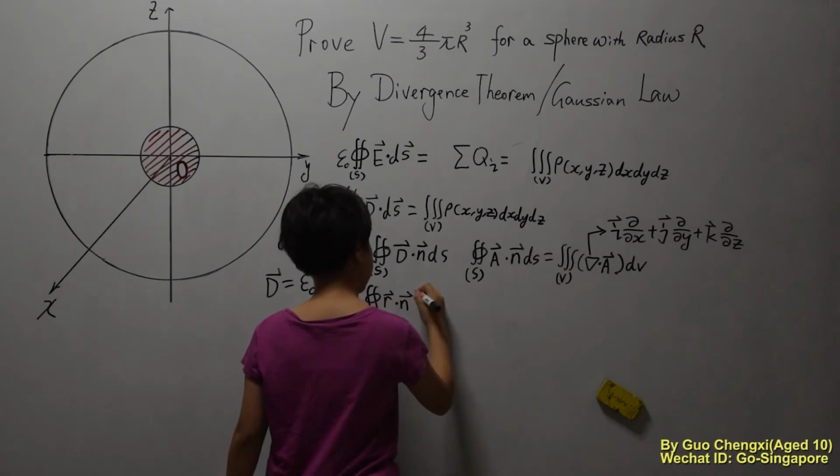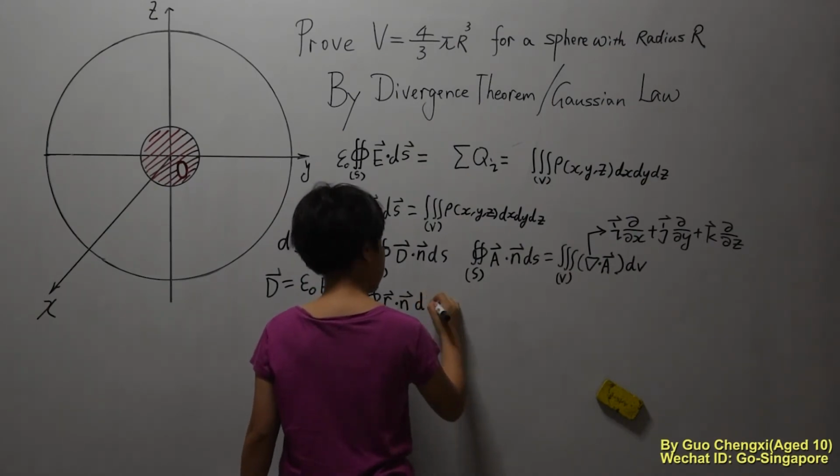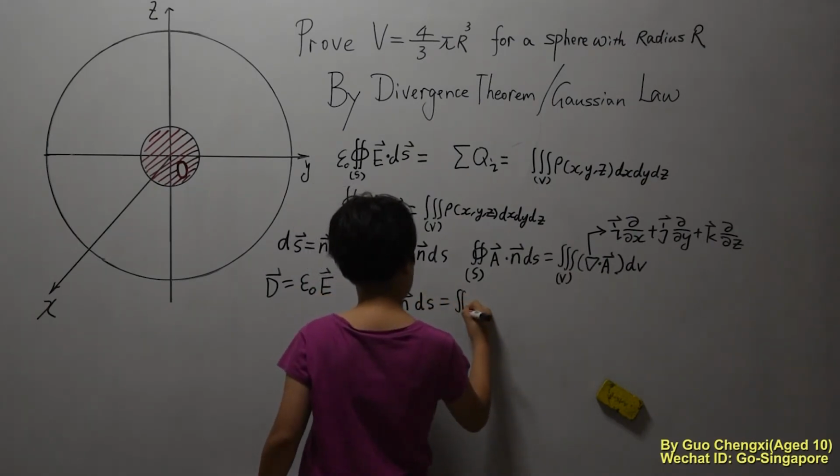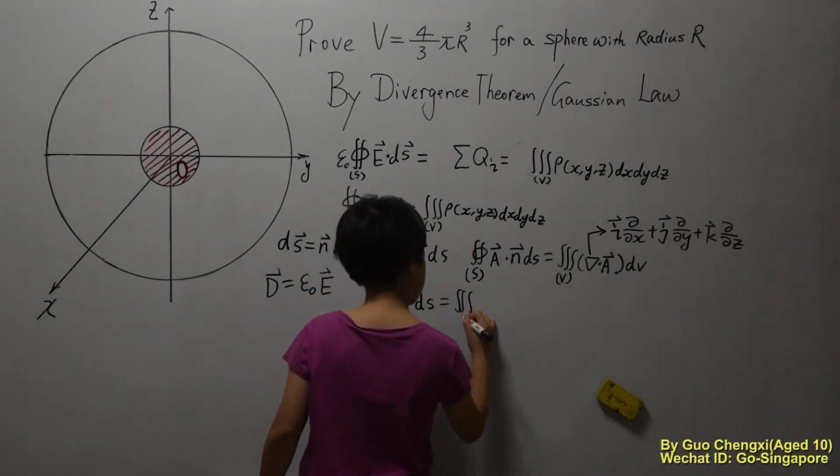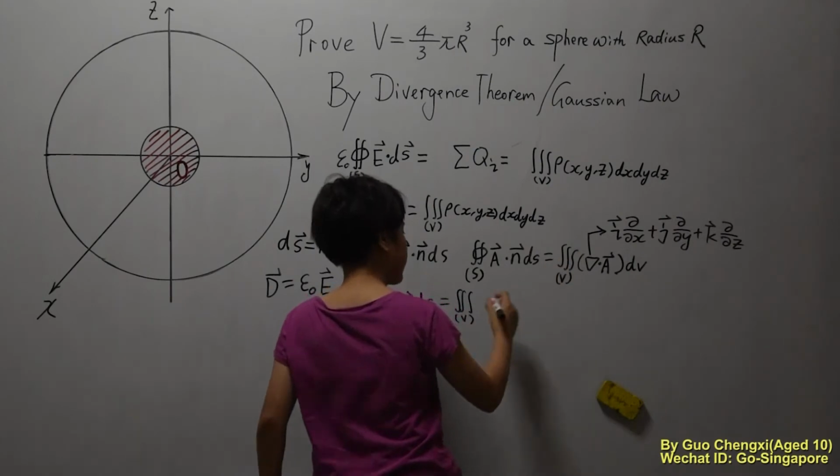Now for this part, R vector dot n vector ds will be equal to triple integration.